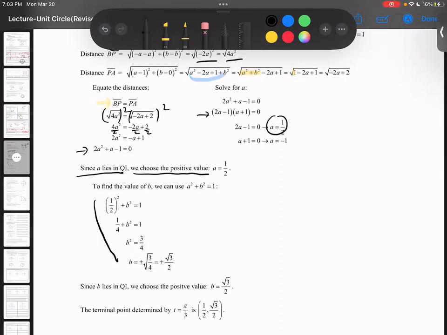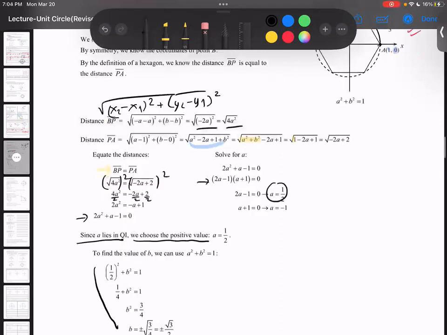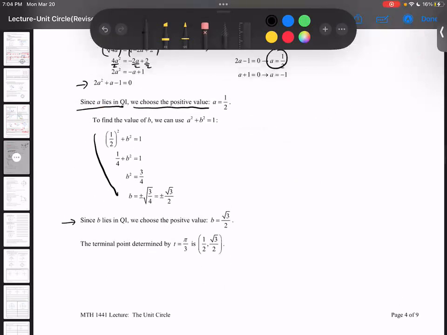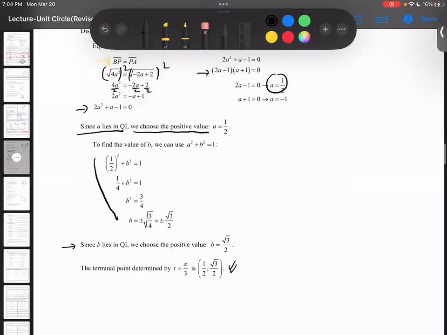But since b represents y and is in quadrant 1, where x and y are both positive, we choose b equal √3/2. Finally, the terminal point determined by t equal pi over 3 is 1/2, √3/2. That's how we come up with that point, and from this point, we come up with the rest.